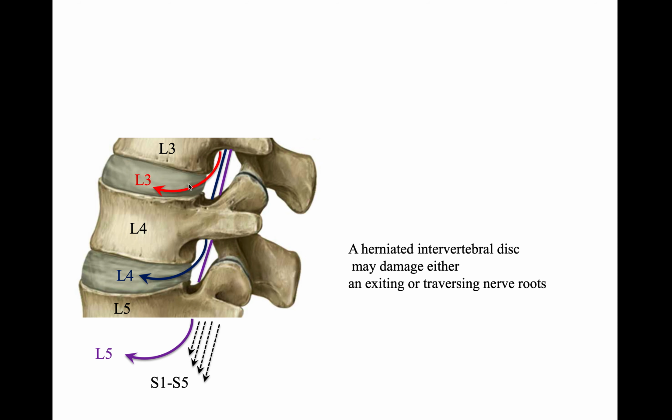If it's coming out here laterally into the intervertebral foramen, it's going to compress the L3 nerve root, and that's going to cause issues with the L3 root, probably a radiculopathy in that case. Whereas it could also affect the L4 or even frankly the L5 nerve roots. The L4 would be more likely with a posterior lateral extrusion or protrusion, so a herniated disc that's more in the posterior lateral compartment is going to affect usually the lower nerve root, so below the level of the herniation.